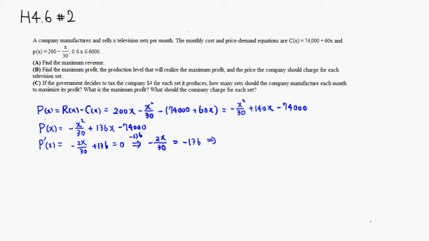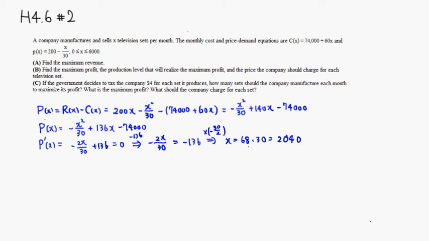Then we get x by multiplying by the reciprocal of 2 over 30, so negative 30 over 2. So x is 68 times 30, which is 2040.